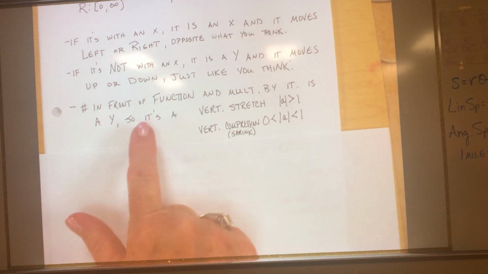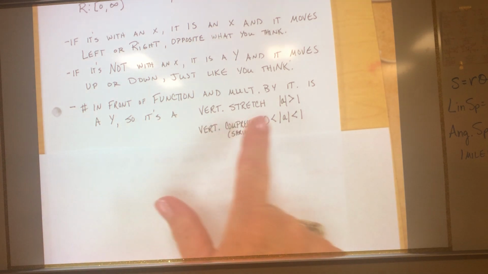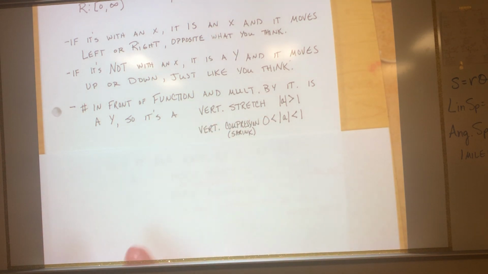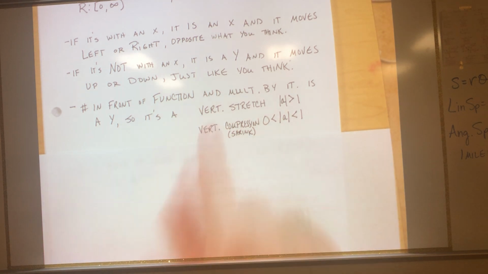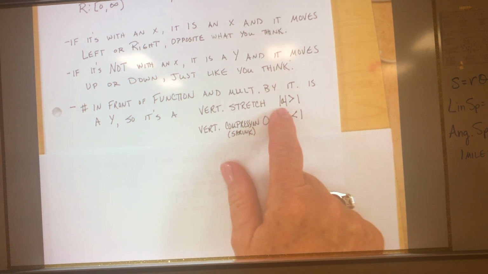The number in front of the function and multiplied by the function is a y. He's not inside something with an x, so he's a y. That's what's making it a vertical stretch or compression, and they do exactly what you think. I took the absolute value, we call that number A.